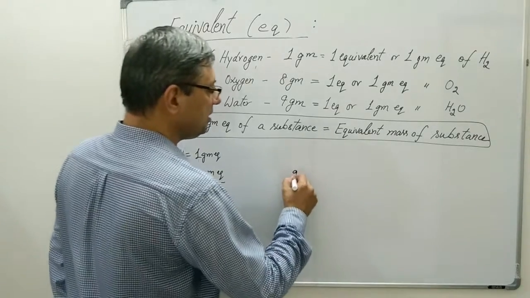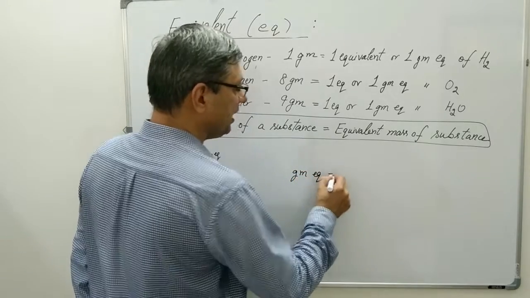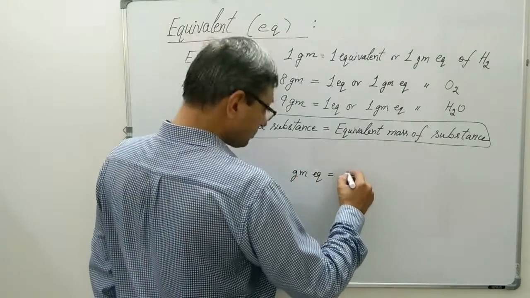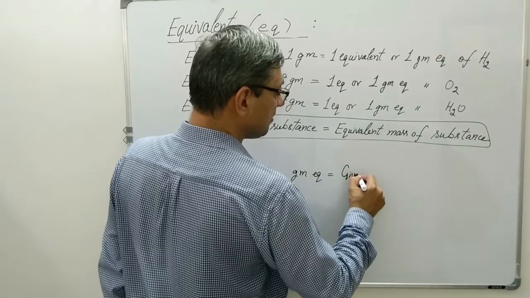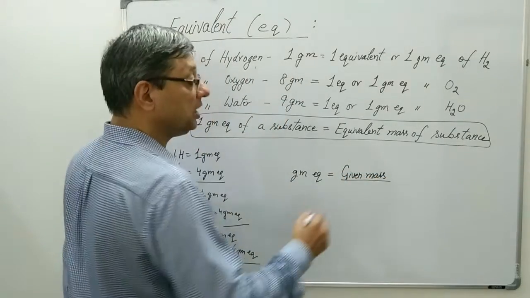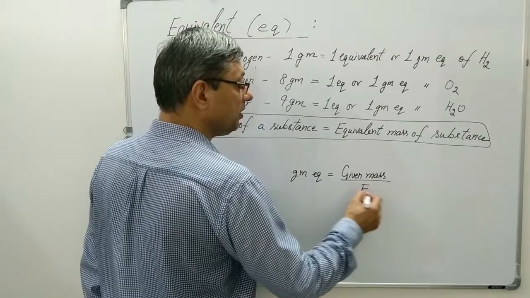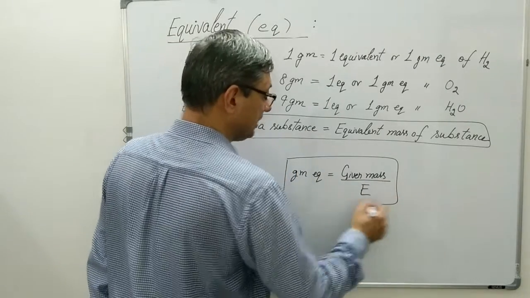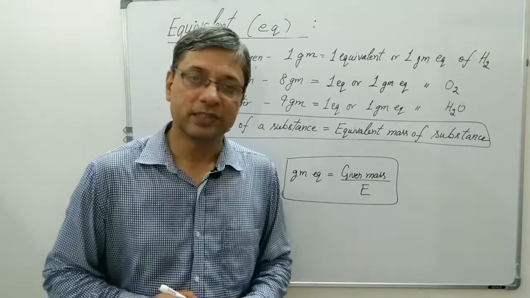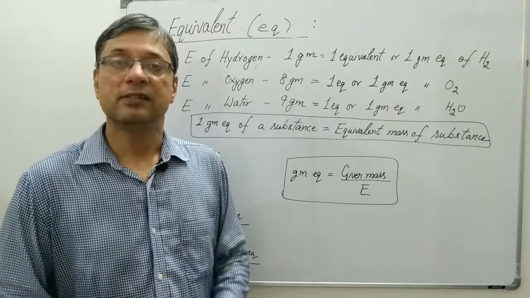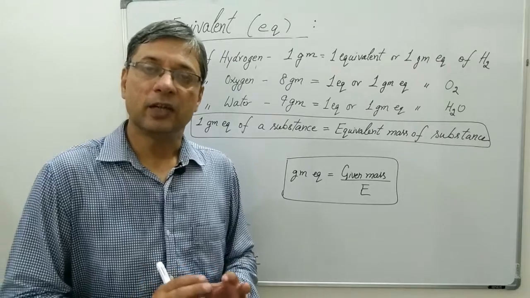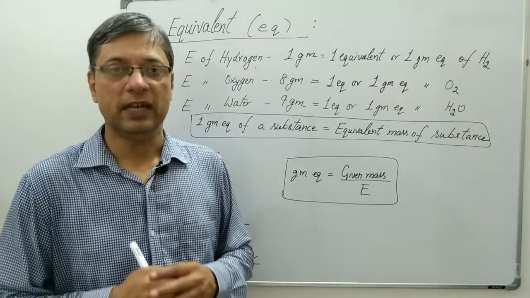Therefore, gram equivalent of any substance is equal to the given mass, that is the mass provided in the reaction of the substance, divided by the equivalent weight of that substance. This formula we will be using in numericals as well as for calculating gram equivalents.